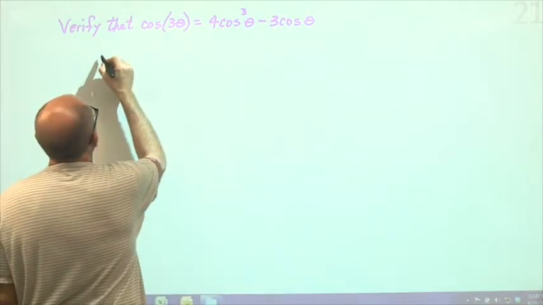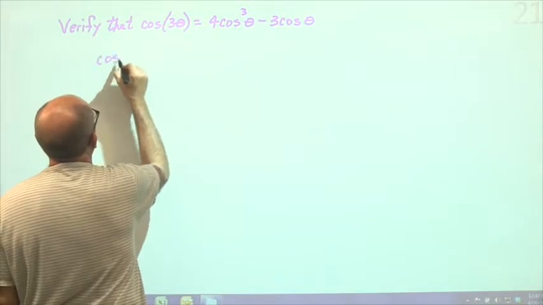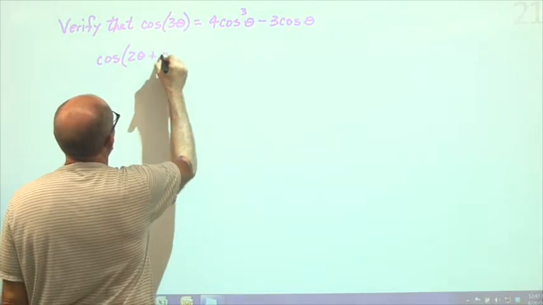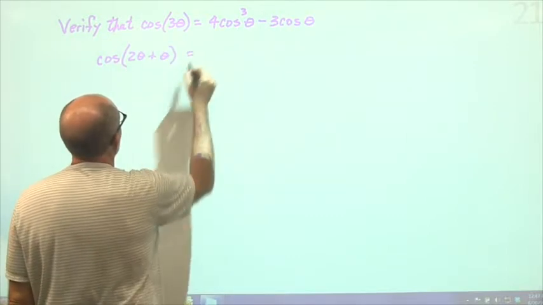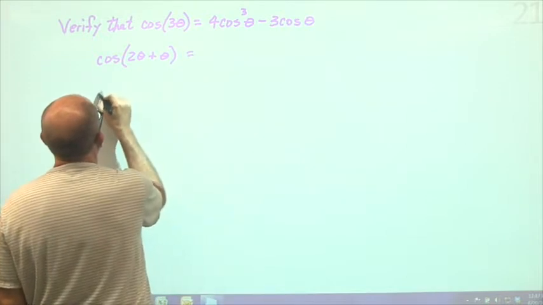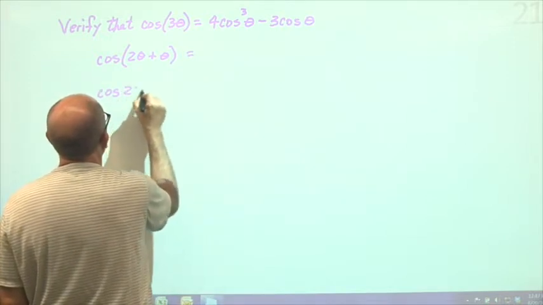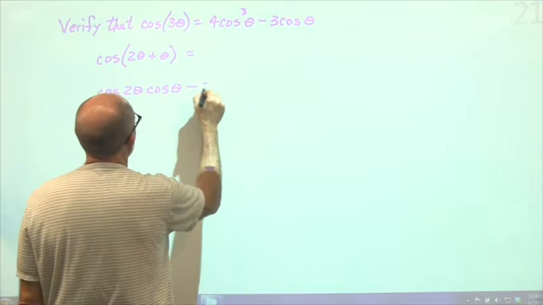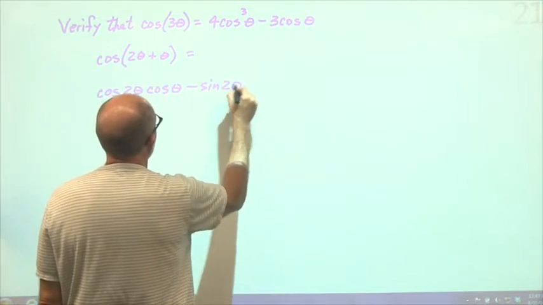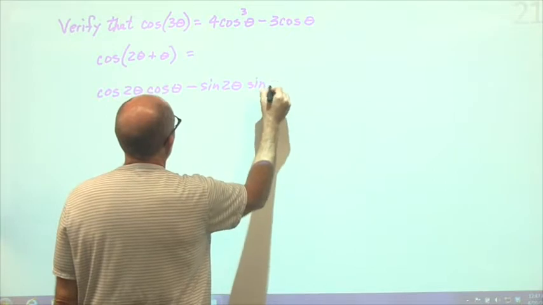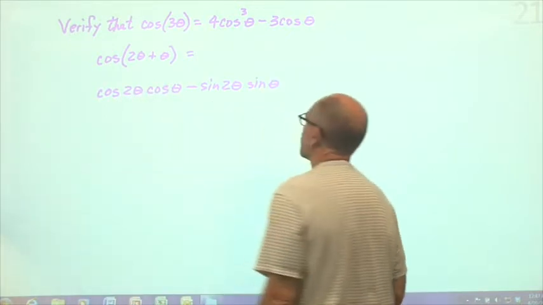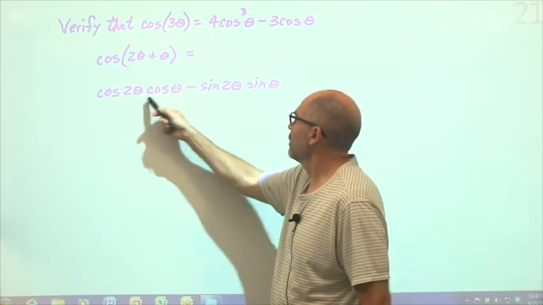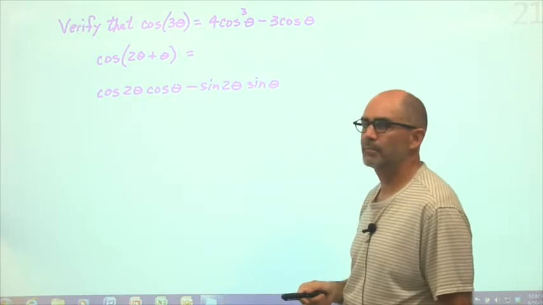And the other thing we know is we want the cosine identity that has all cosines. Okay, so cosine 3 theta really equals cosine of 2 theta plus theta. Okay, that equals cosine A cosine B minus sine A sine B. See, cosine 2 theta plus theta, cosine cosine minus sine sine.